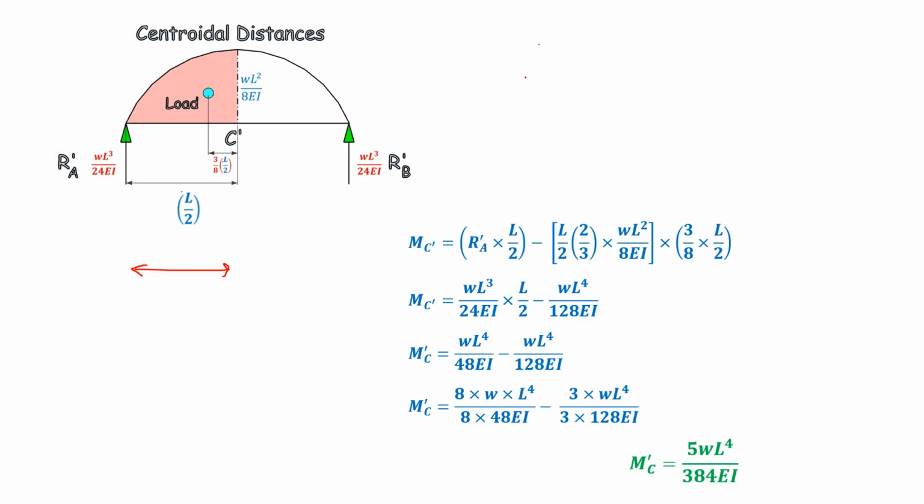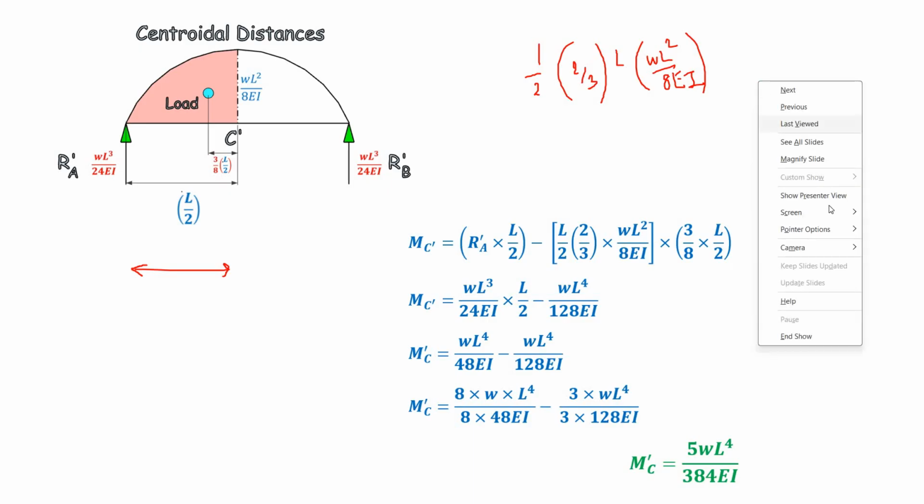The point here is that you get half of it, meaning half of the parabolic load, that is 2 by 3 into L into WL square by 8EI.